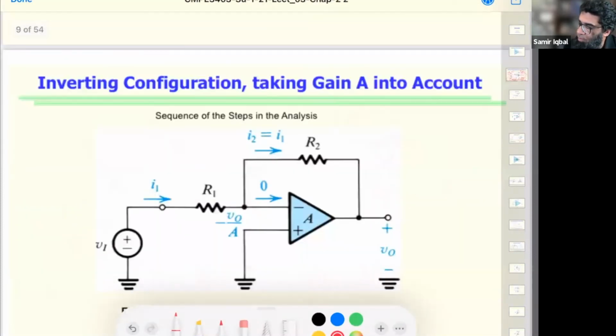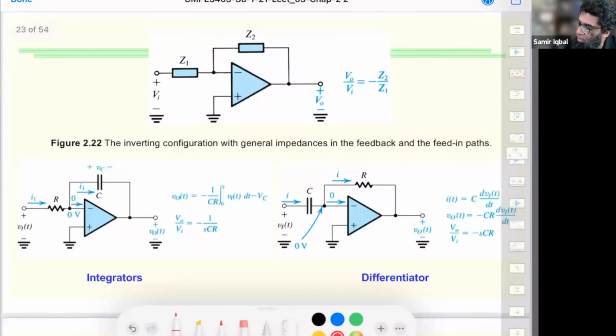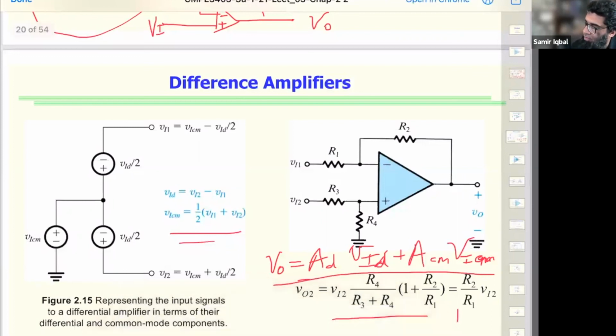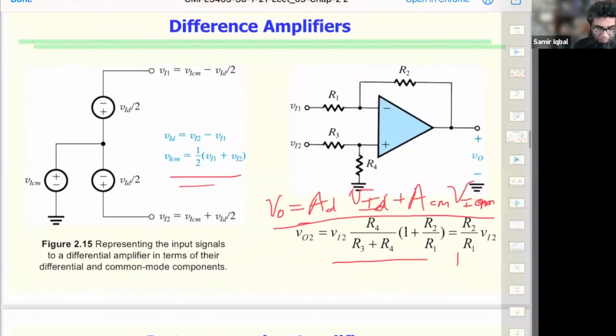So again, the common mode term is nothing but this, and you add up and we get a simplified relationship for the difference amplifier, like it's shown here.